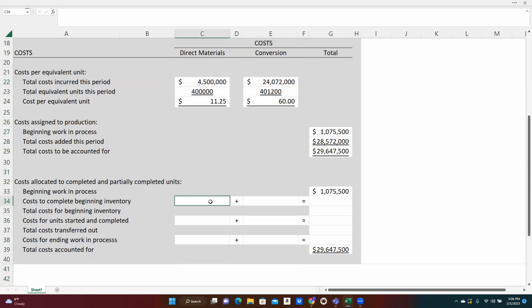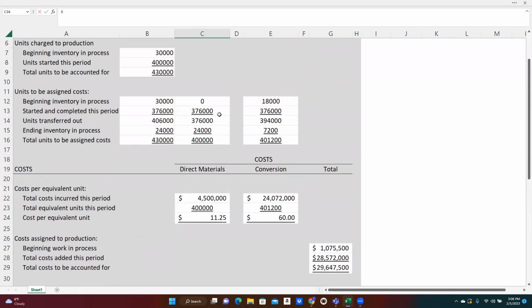So cost to complete beginning inventory. We didn't add any direct materials. How do I know that? The exercise tells us all direct materials are added at the beginning of the process. And this process for these 30,000 units was started in the previous period. That's why they're in beginning inventory. How else do I know that? Because right here in this first step, we said we added 0 units of direct materials.